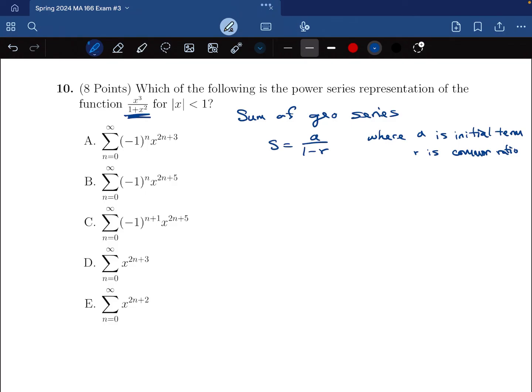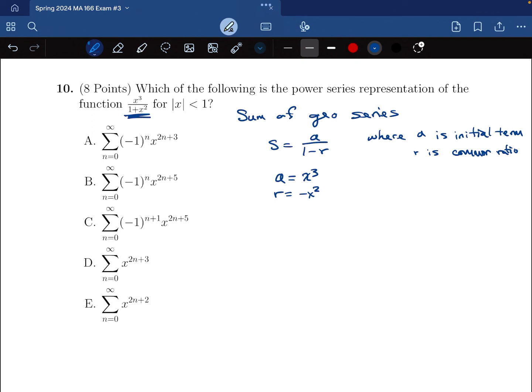Okay, and what you'll notice here is the expression given to us in the problem looks a lot like the equation for the sum of a geometric series. So that would mean that the first term, a, equals x cubed, and the common ratio r equals -x squared.